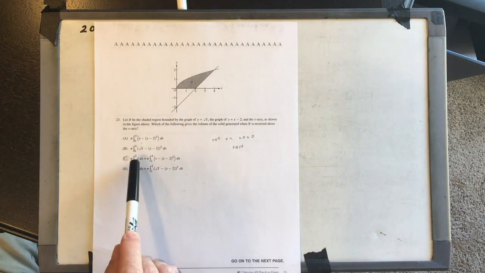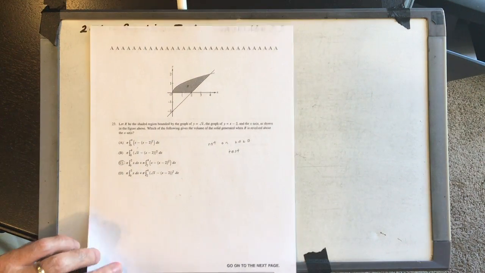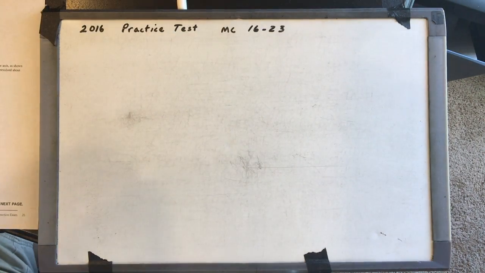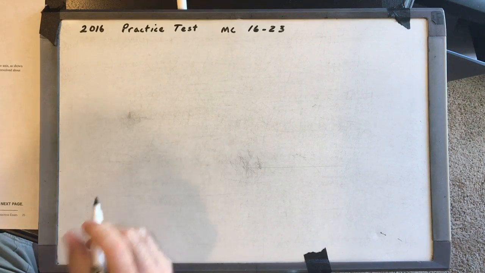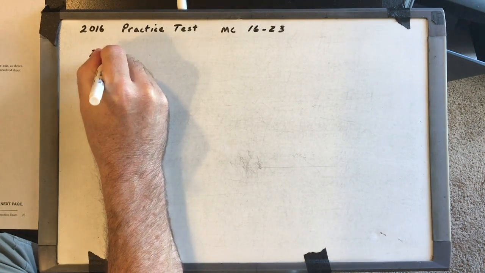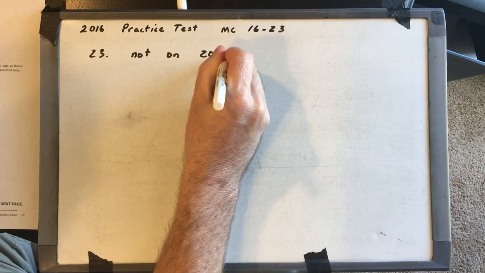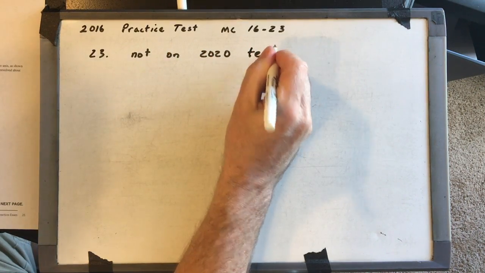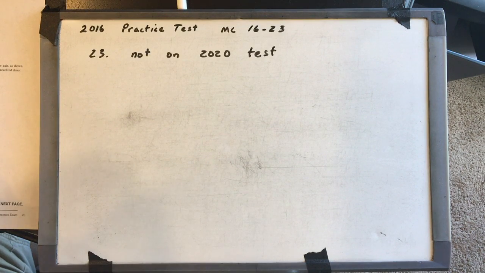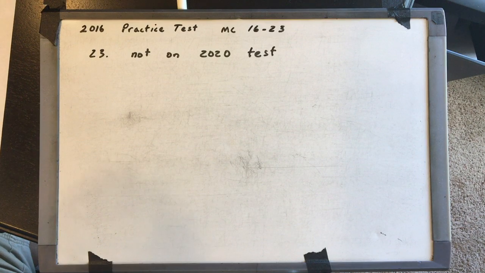In fact, the answer for this one is C. So feel free, if you want, to look through that and see if you agree, but number 23 is not on the 2020 test. So you don't need to be studying how to get volumes revolved around axes.